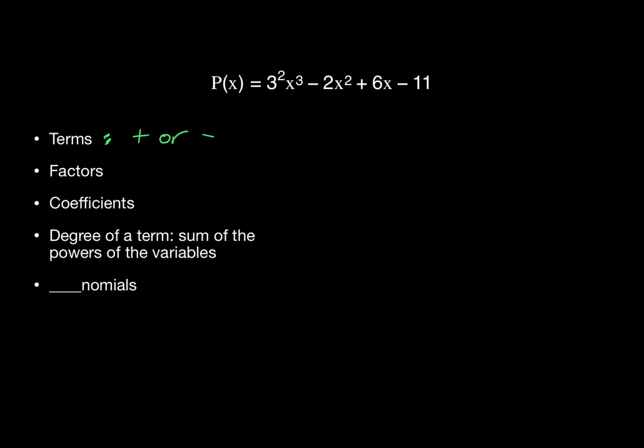Factors are things that are multiplied. If you haven't heard these words in a while, just remembering what that means. Coefficients are the numbers in front of variables.